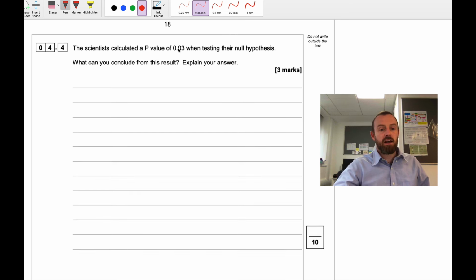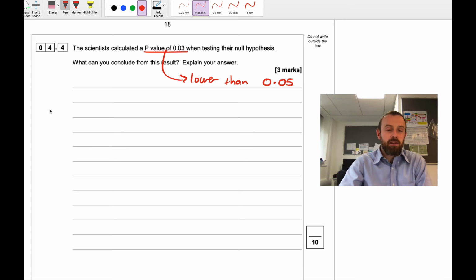Okay, so the scientists calculated a p-value of 0.03 when testing their null hypothesis. So this means significant. The p-value is lower than 0.05. So that means that there's a 3% chance, right?